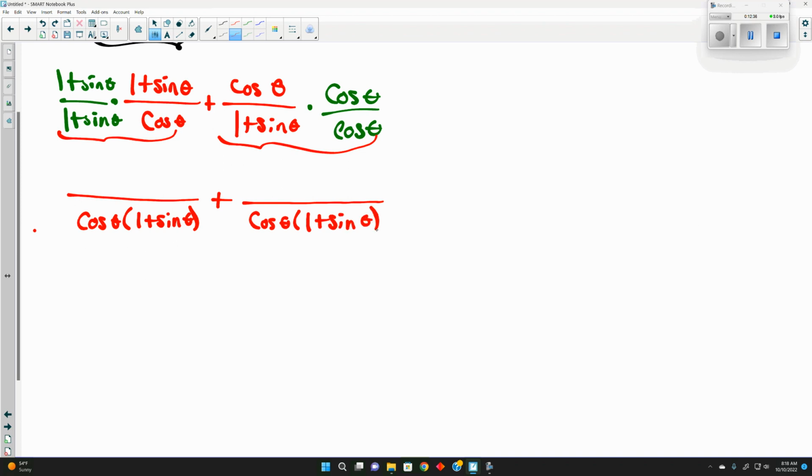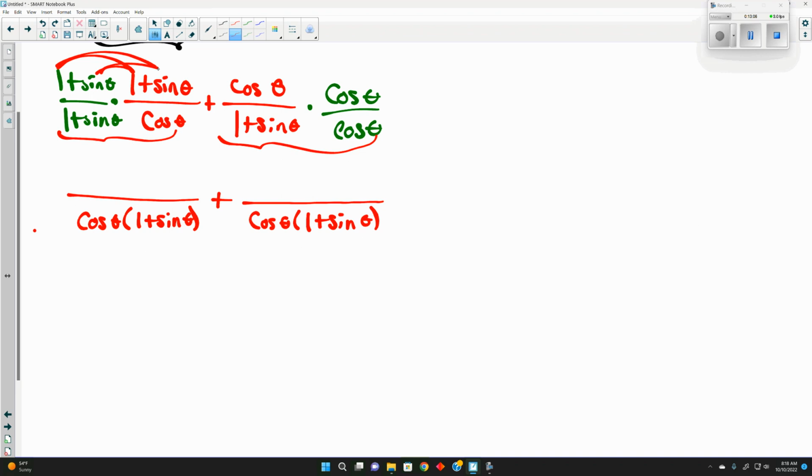Because again, as long as the denominators are the same, we can add or subtract them. I don't have to distribute that out. And what we're hoping is that on top, everything will simplify for the most part and leave us with 2 times 1 plus sine of theta. Because if I have 1 plus sine of theta on top and bottom, they will cancel, and this will simplify out for us.